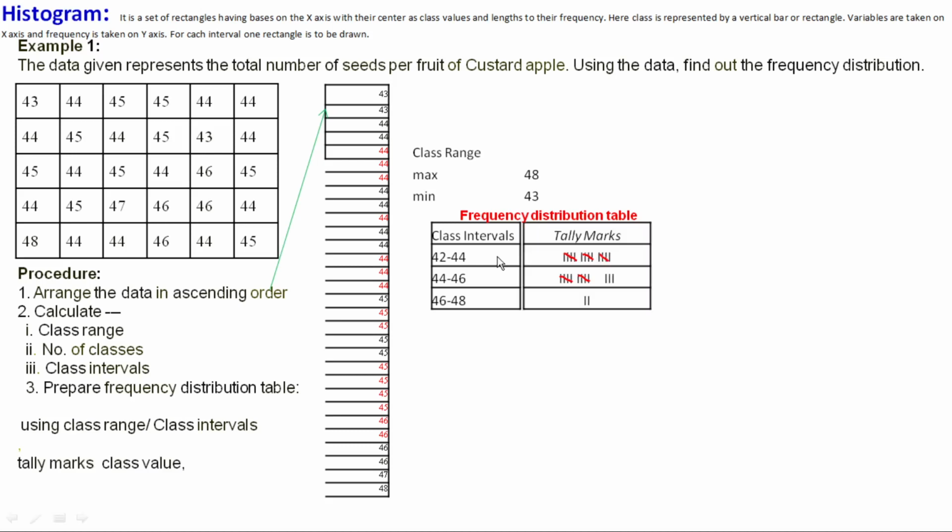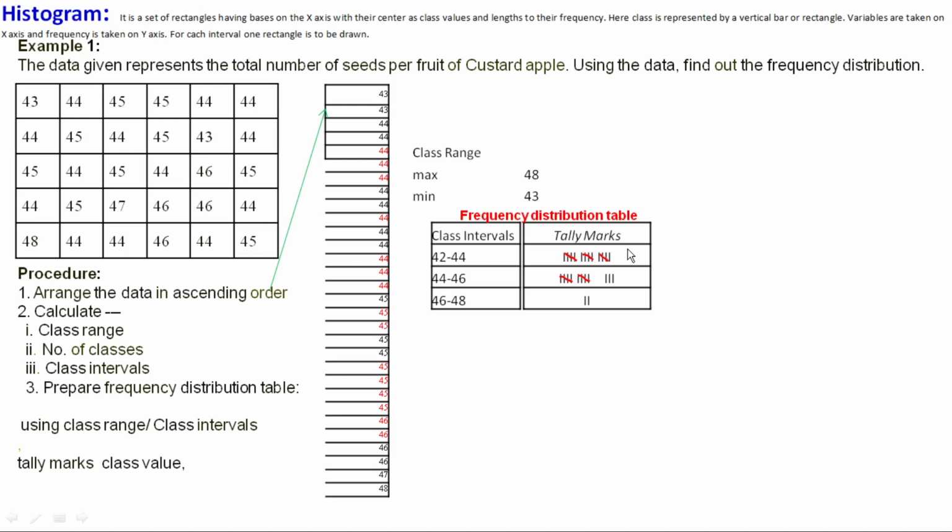Once you make 5 observations continuously, say for example 43, 43, 44, 44, 44, when you reach the fifth observation you make a diagonal or cross line, which indicates a cluster of 5 observations. So 5 plus 5 plus 5 is 15, and here it is 13.